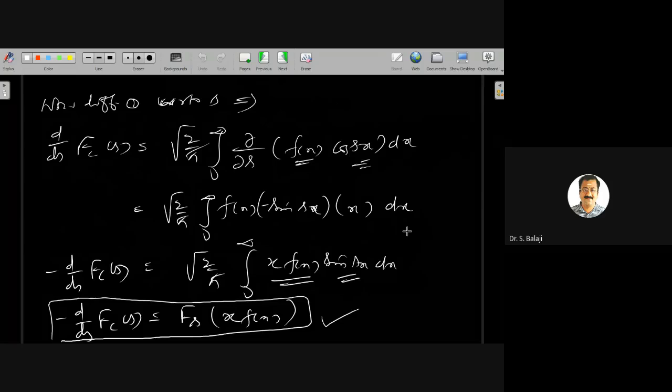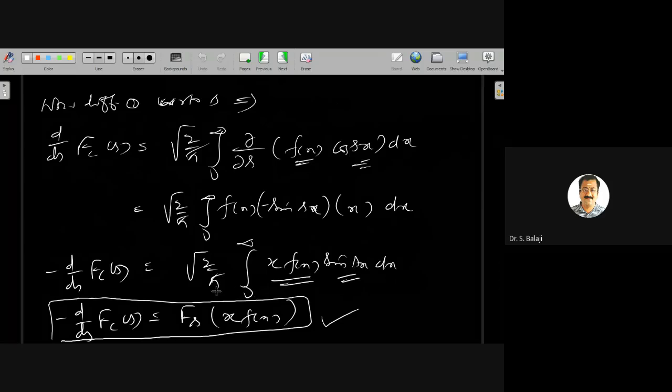So you can club this x here, and I will take the minus outside. So minus d by ds of fc of s is equal to this x into f of x, sin sx dx.